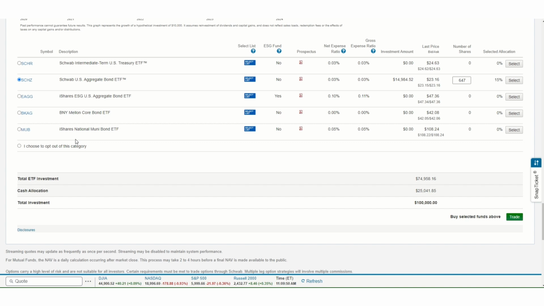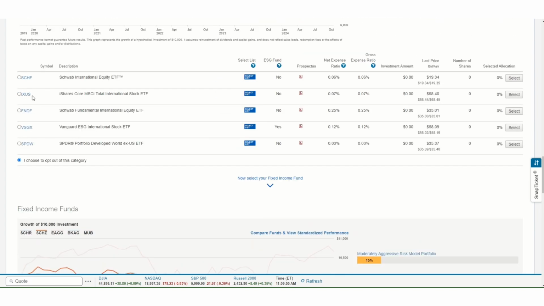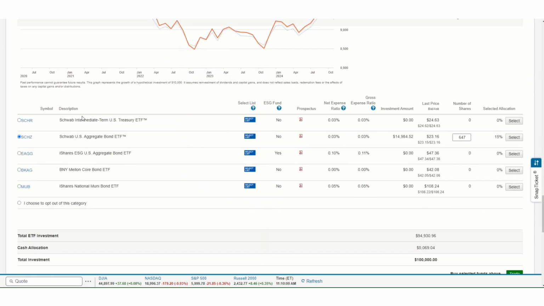I should probably reassign that to large and small cap US stocks to maintain the appropriate risk portfolio that I selected earlier. So I just wanted you to see that flaw, but the bottom line is this. I would personally not make that choice, but if you do decide to opt out of a category and you do want your asset allocation to remain the same, you're actually going to have to do that manually.